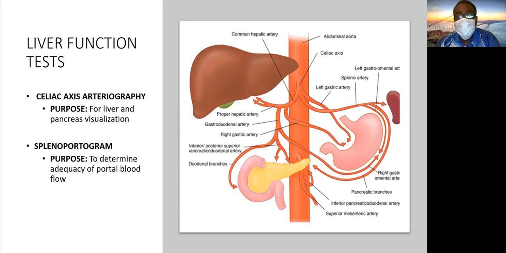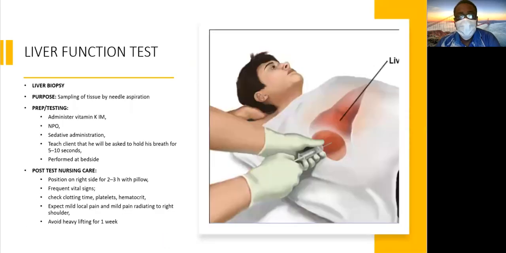We can also carry out a splenoportogram or a splenic portal venography. You do this to determine the adequacy of portal blood flow. It also uses a contrast dye of organic iodine. As usual, question the client about allergies, as anaphylaxis is also common.